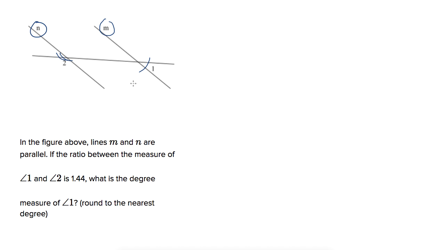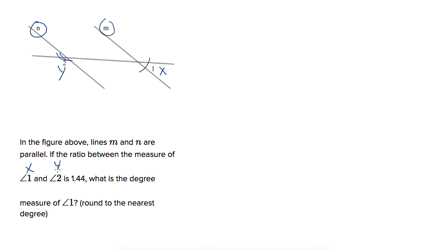Okay, so when it says the ratio between the measure of angle 1 and angle 2, I'm going to change it to make it easier, because I don't like working with these numbers. I'm going to call these X and Y, where X is angle 1.